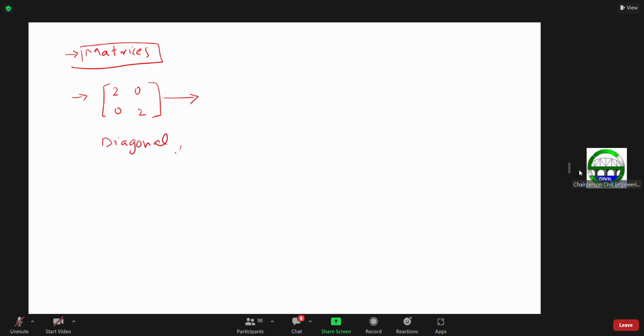What else? Square matrix. What else? Symmetric, okay. What else? Scalar.